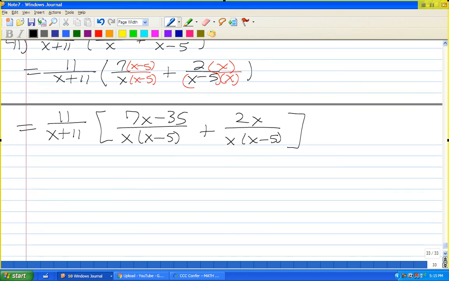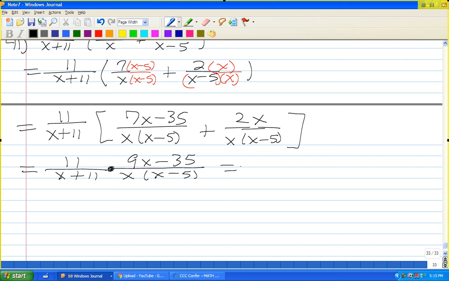This is equal to 11 over x plus 11. 7x plus 2x is 9x. Minus 35 over x minus 5.